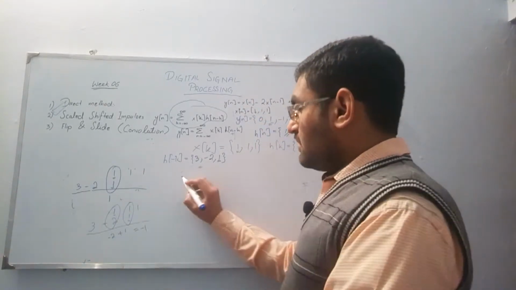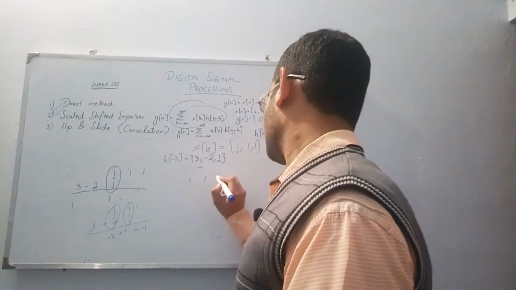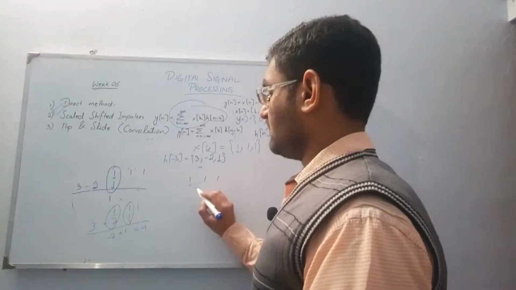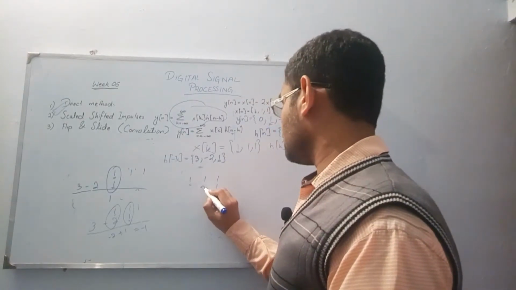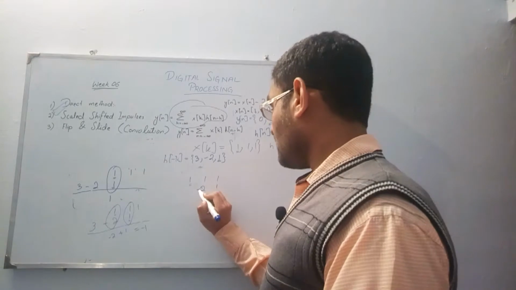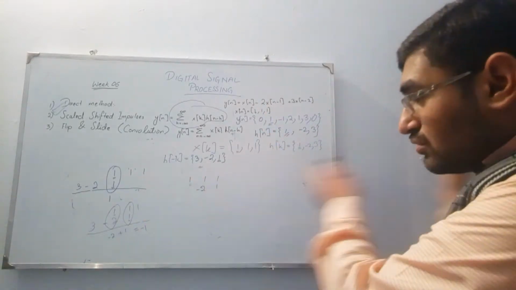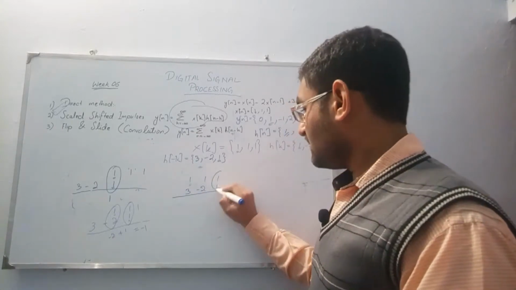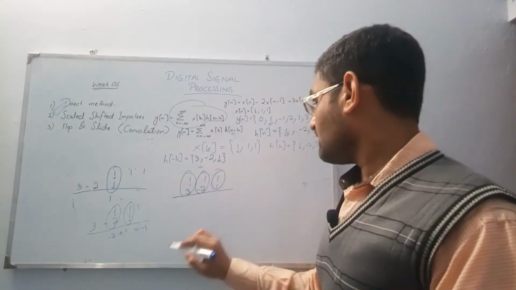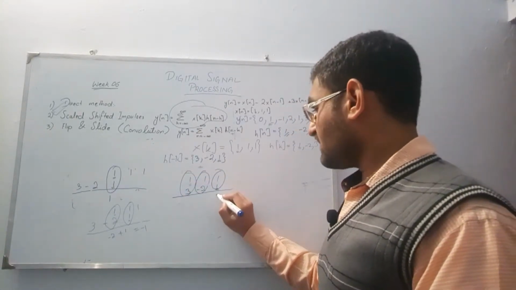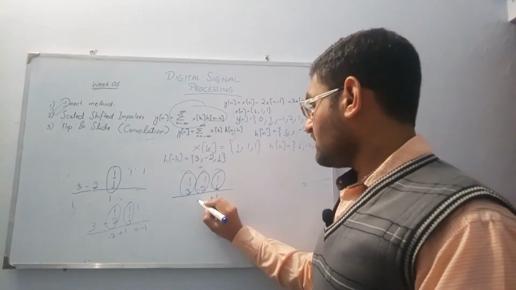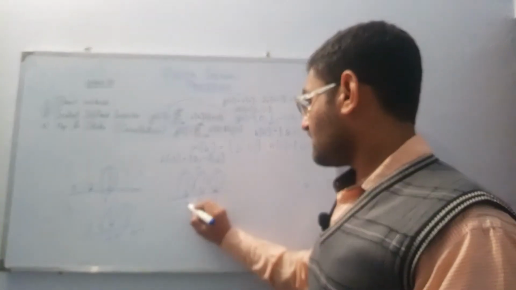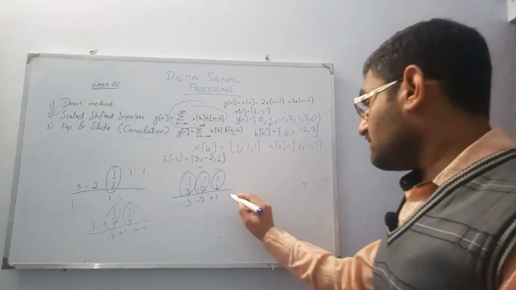In the next step, again shift, slide it towards right until the signal goes away. Multiply these 1 and add, what it comes to be.